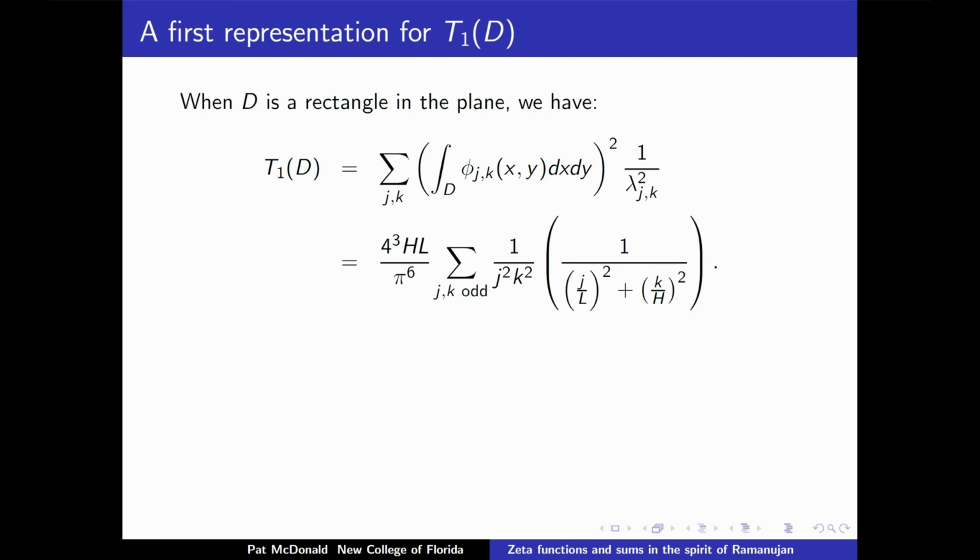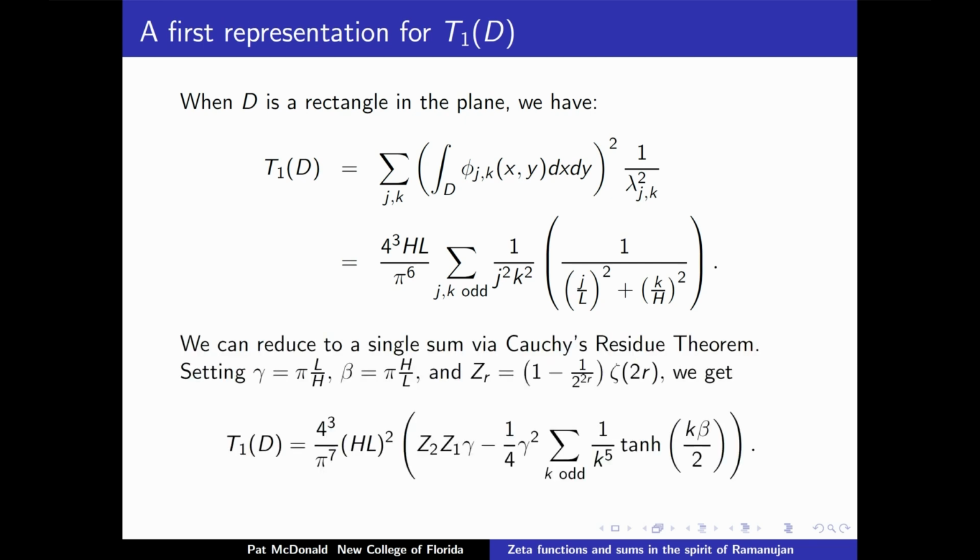But how to get rid of a double sum like this is a standard problem in complex analysis, right? It's a Cauchy residue theorem problem. So you can rewrite that double sum as a single sum. This formula, I think, appears in a paper with one of my students, Joe Comer.